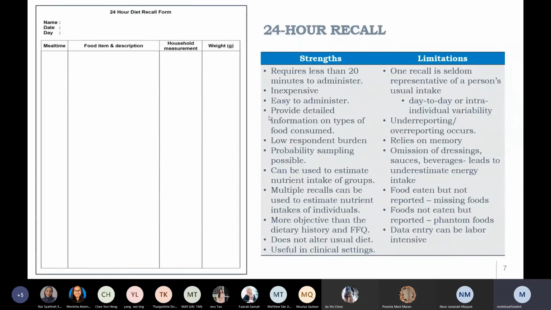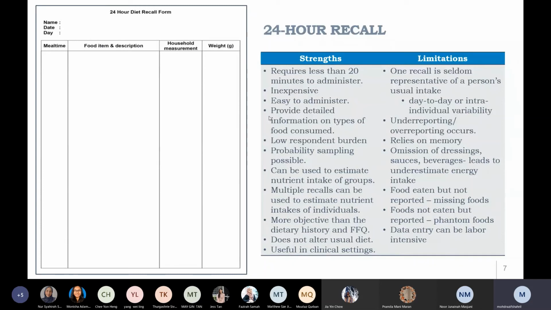It's easy to administer, especially if you are trained. It provides detailed information on types of food consumed, which we cannot get from other types of method. So we can ask how the food was prepared, what are the brands of food products being used.